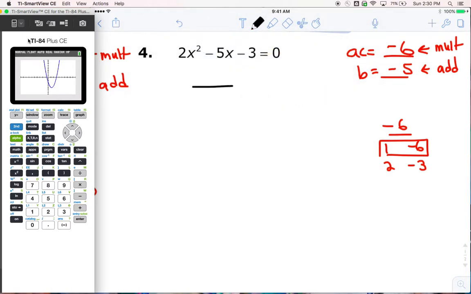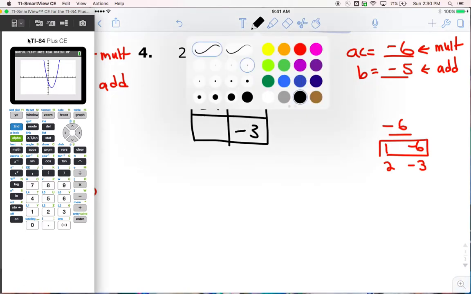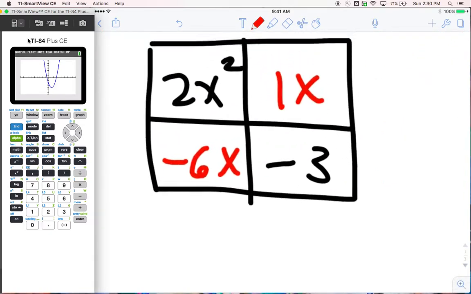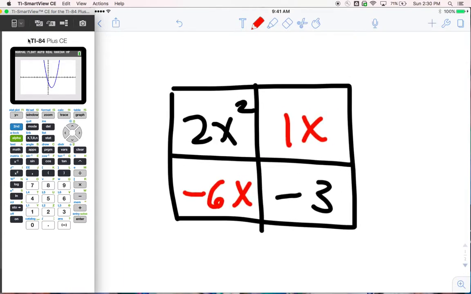Okay, so let's do my box method here. We know the 2x squared goes in this spot, and the -3 goes in this spot. But I don't want to use -5x, right? I can't put it in both places, so I'm going to use my +1x and my -6x in the box. And now we're looking for greatest common factors.